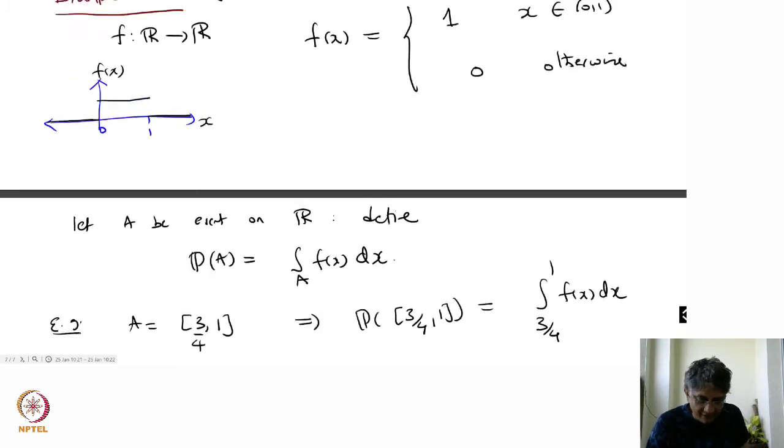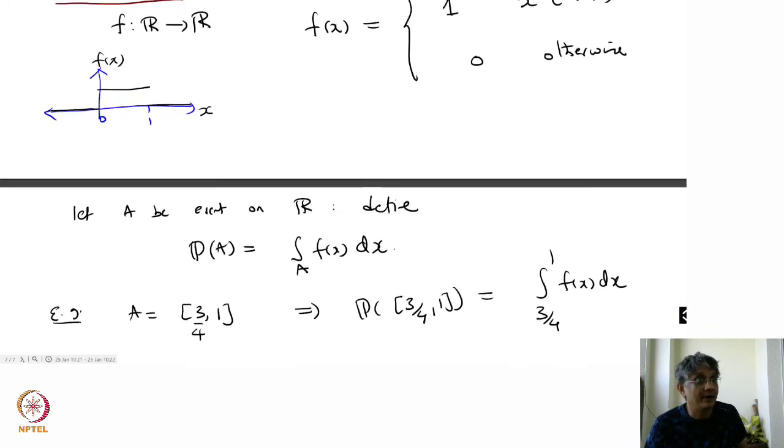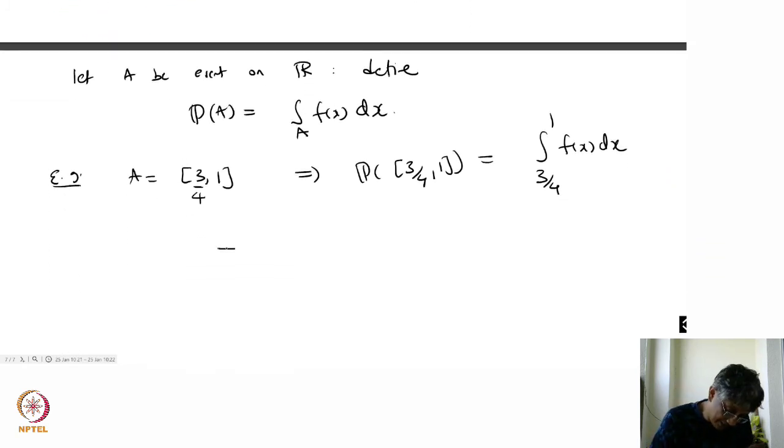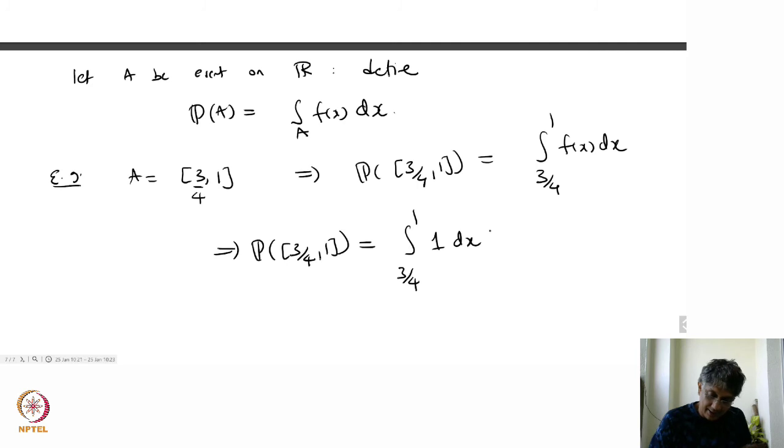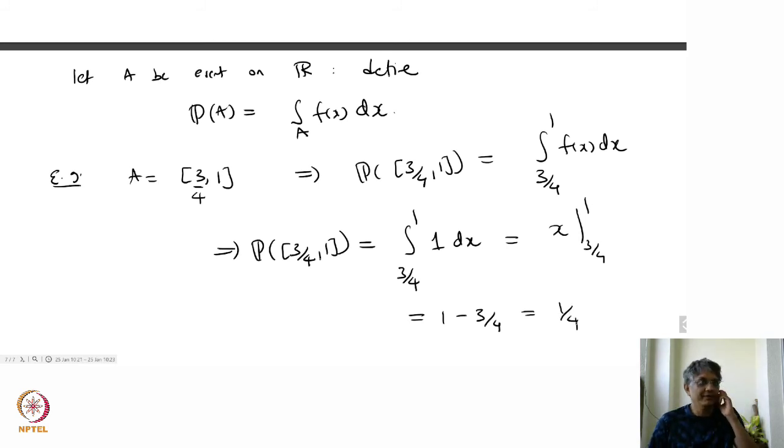But we know the function f is 1 in the interval 0, 1. So the probability of 3/4 to 1 is equal to the integral from 3/4 to 1 of 1 dx. Using calculus, that's just x, going from 3/4 to 1, and I get 1 minus 3/4, and that's just a quarter. Very nice. That's one example.